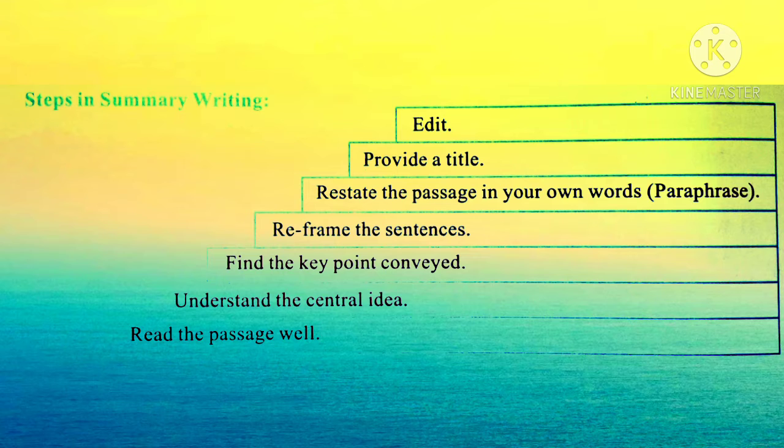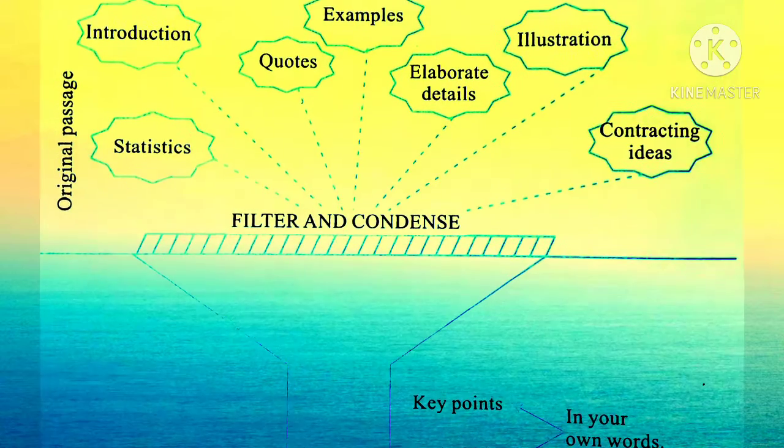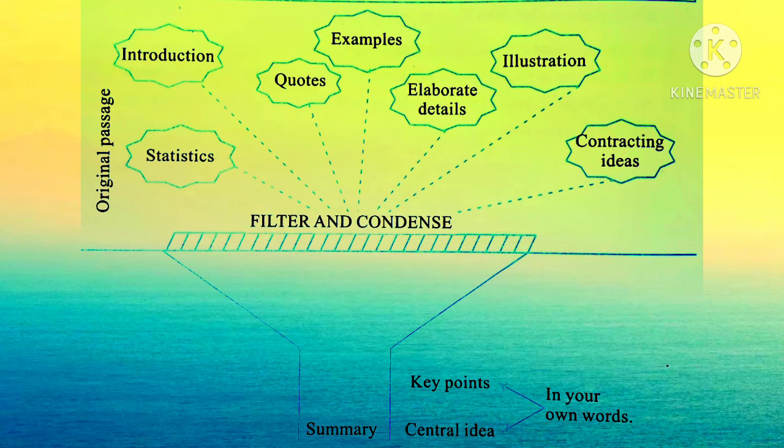That means three to four times we need to read the passage, then we come out with the ideas there and how to make the sentences short. But see to it that in summary writing, the main central idea or the theme of that paragraph is maintained.